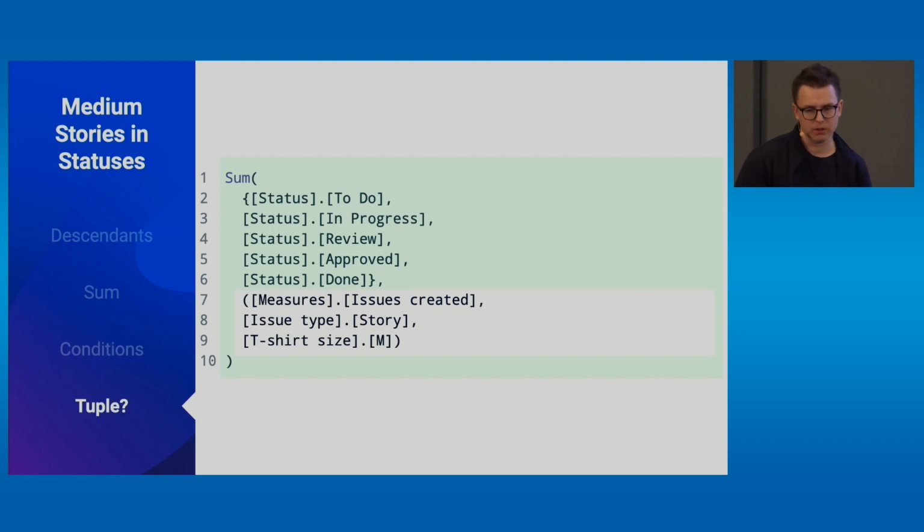Nope, not really, but almost. We can build a tuple from the combination of a measure, the issue type, and t-shirt size, and use it as the numeric expression for the sum.